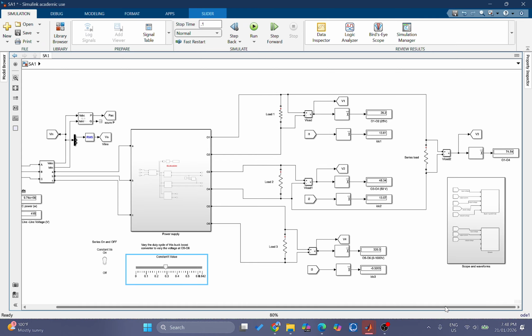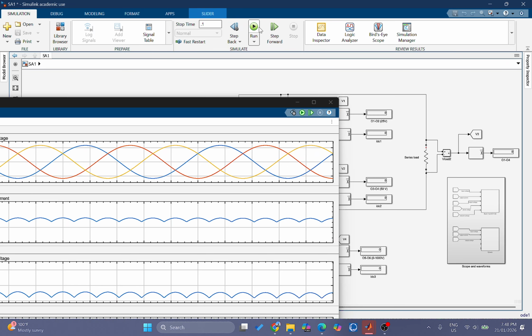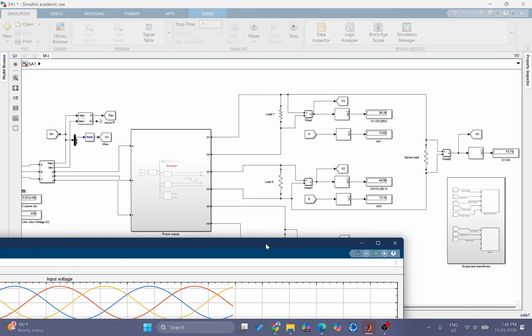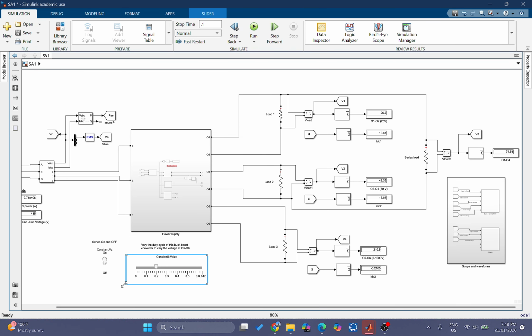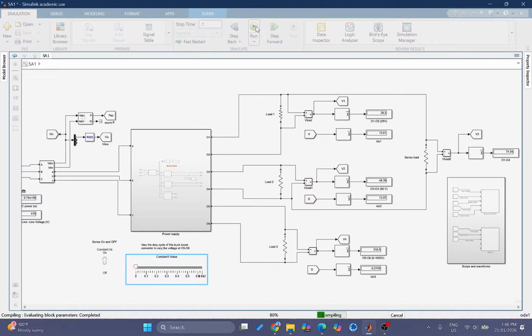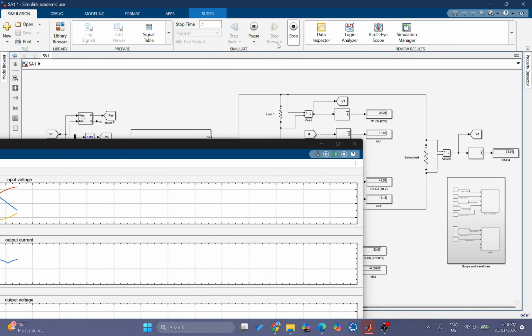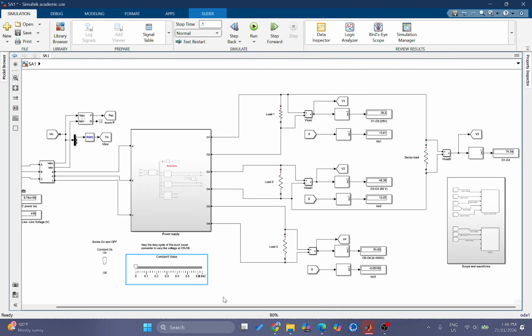Now if I further reduce, at the duty cycle of 0.2, I'm getting 210.